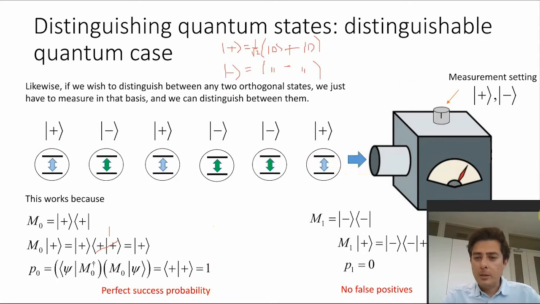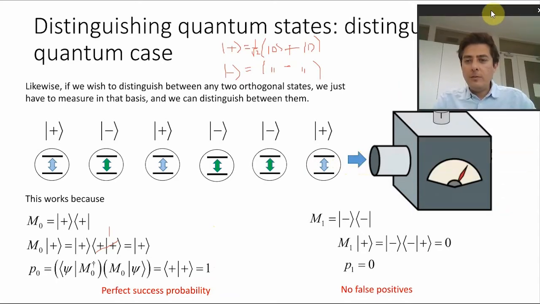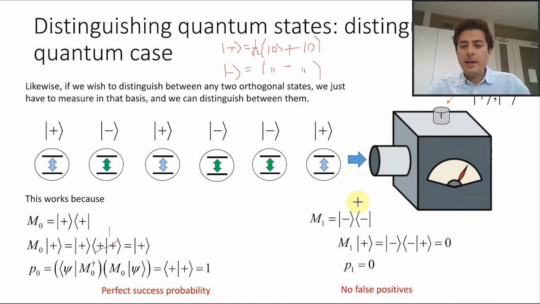Makes sense. If you're curious about the outcome for the minus state, we can work it out by applying the measurement operator, the outer product of minus with minus, to the state plus. Because the inner product of plus and minus is equal to 0, and you should work out why that is 0 if you haven't done it already, the probability of that is 0.